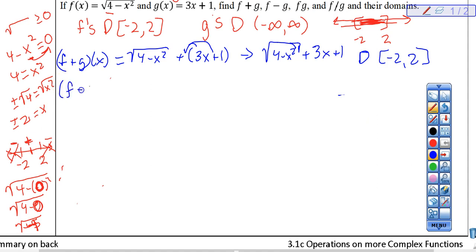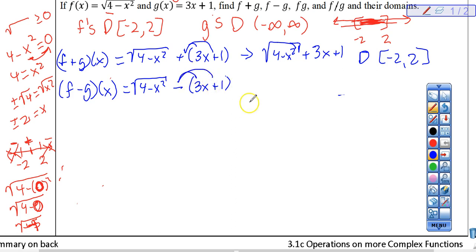Here we go. F minus g of x. Is there going to be much difference in this problem compared to the other one? I think there is. Well, not much difference, but still significant. Because I'm subtracting a line, I have to remember it's a binomial expression, but I have to subtract both the 3x and the 1, so I need to distribute that negative.